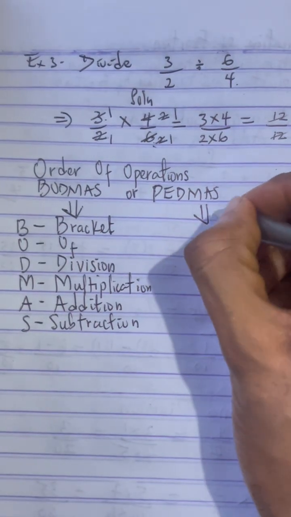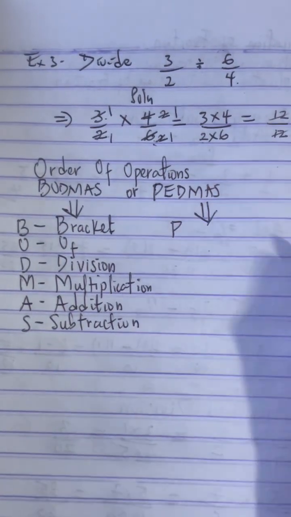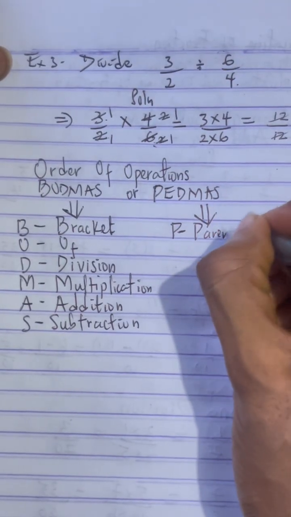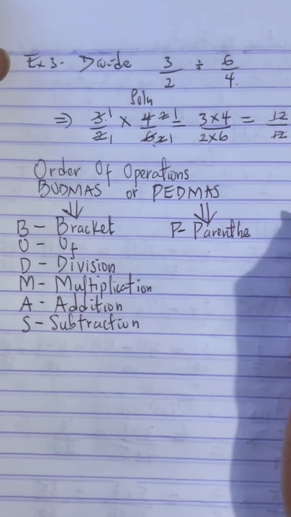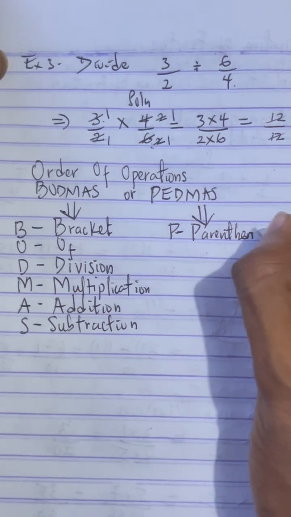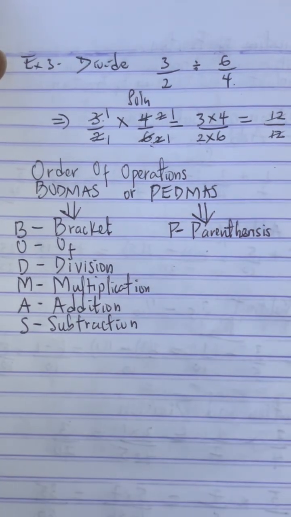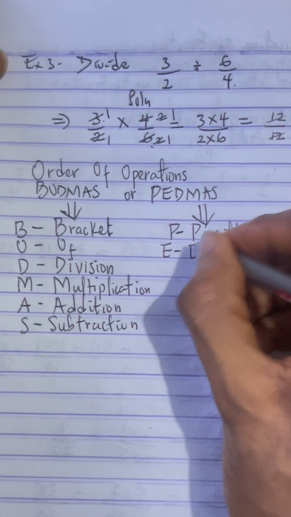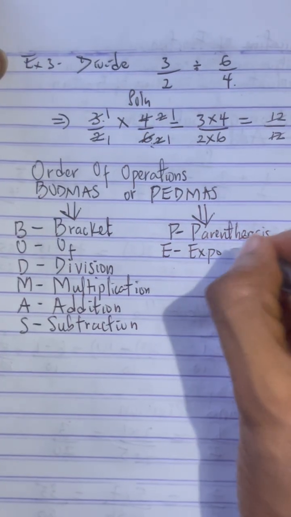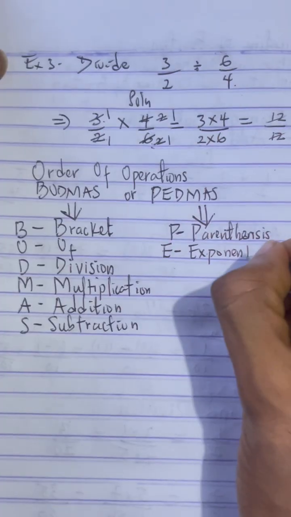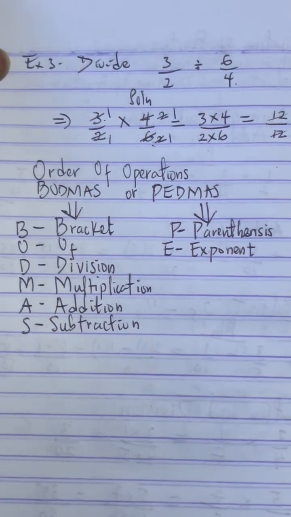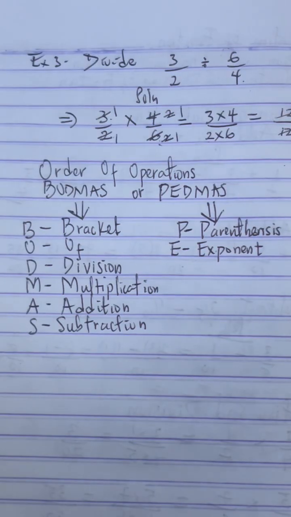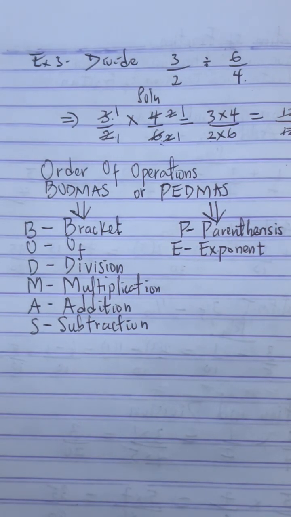And the next one, which might be new to some of you, is known as PEDMAS. So in PEDMAS, the P stands for parenthesis, which is similar to brackets. The E is exponent. When I say exponent, it simply means power. When you say 2 raised to power 2, that is an exponent. So in an expression, after treating the parenthesis, you should treat exponent first before division.